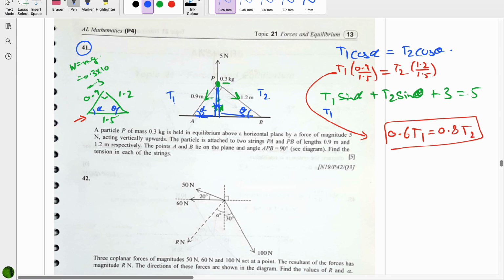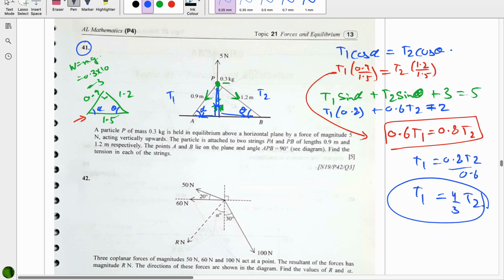So this is T1, sine of alpha is 1.2 by 1.5, which is 0.8. T2 sine theta is 0.9 by 1.5, which is 0.6 T2. Plus 3, or we take this 3 on the other side and write equal to 2. I'm making T1 the subject: 0.8 by 0.6 is 4 by 3. So T1 is 4 by 3 of T2.